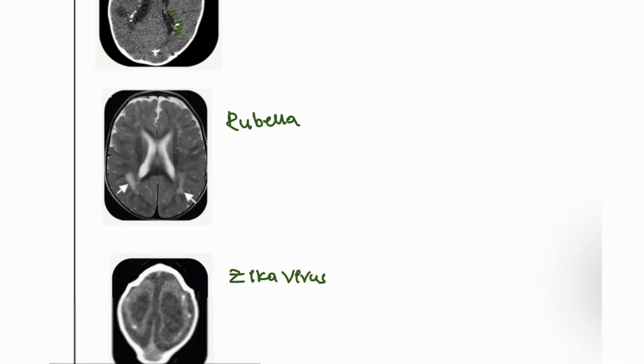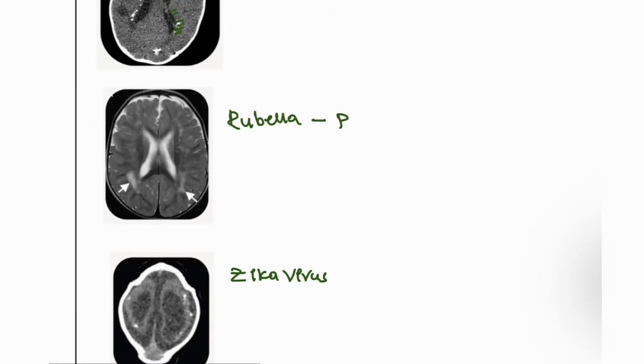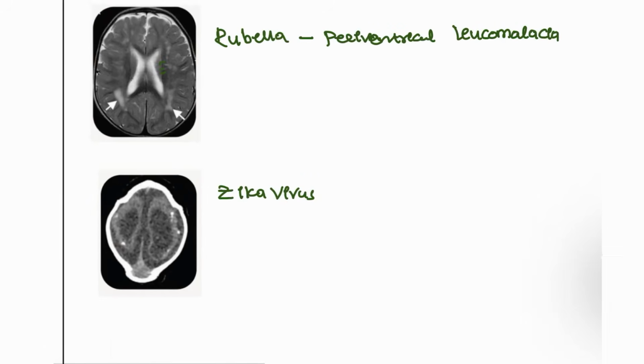Okay, next, in rubella patients, you are going to see periventricular leukomalacia, the white-colored change that is seen in rubella. In Zika virus, you have already seen, there will be atrophy and microcephaly. That is seen in Zika virus patients.